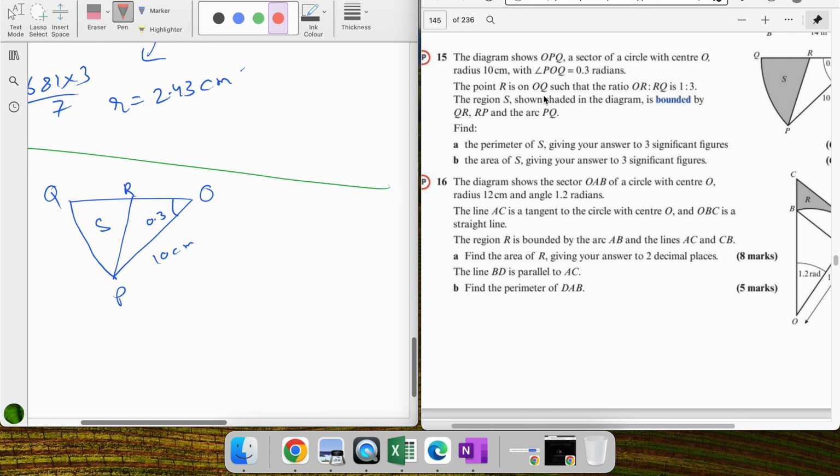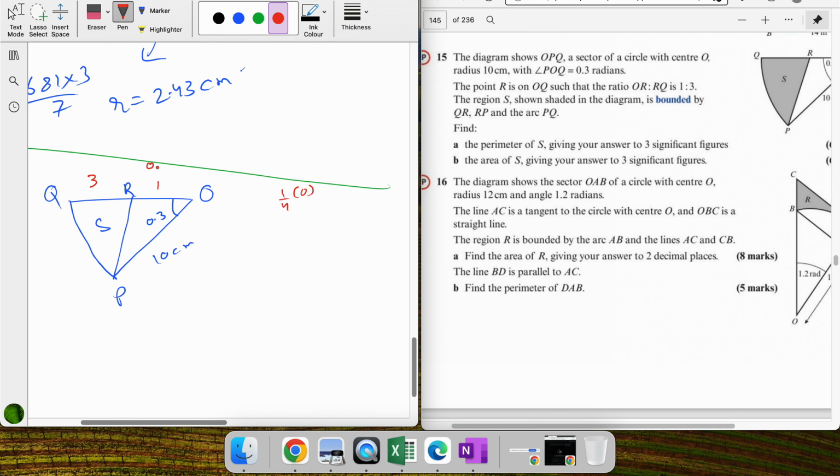The point R is on OQ such that the ratio OR to RQ is 1:3. So we can find the length, because we have OP, OR, and let's say 1/4 of 10.